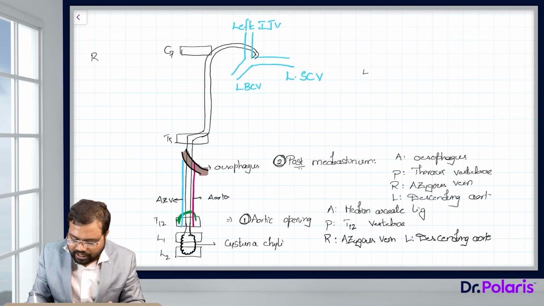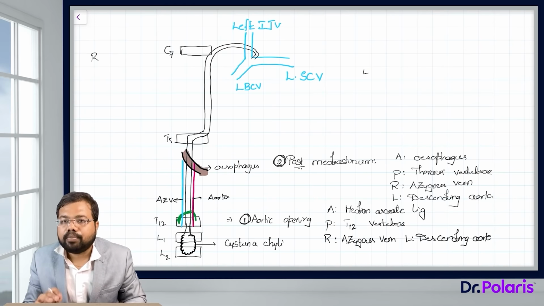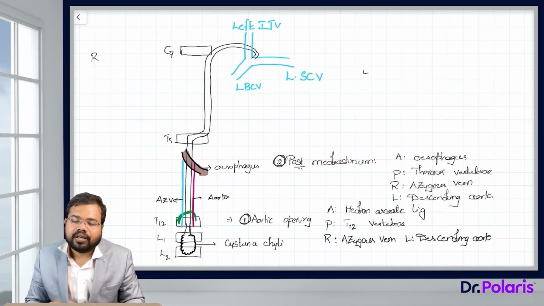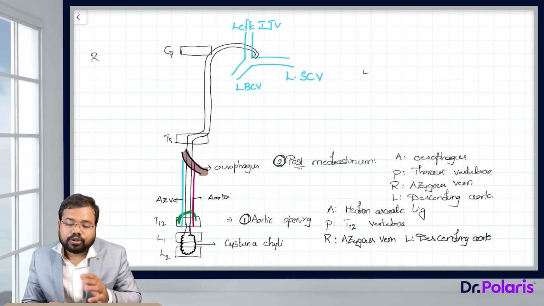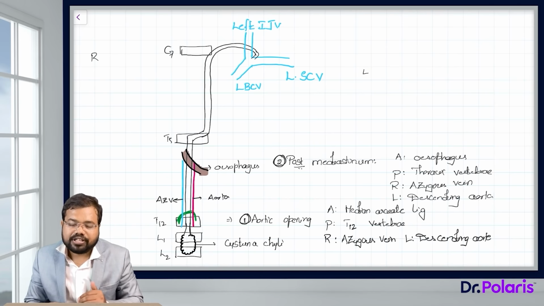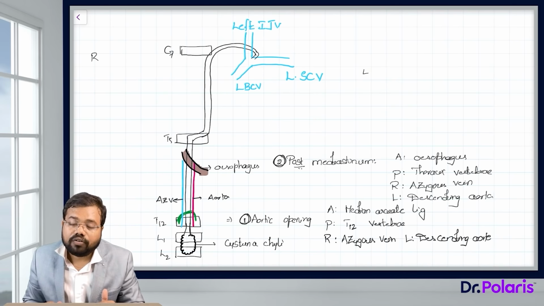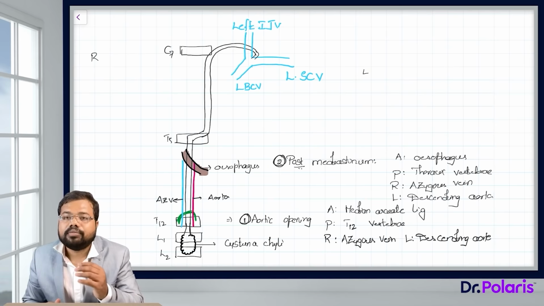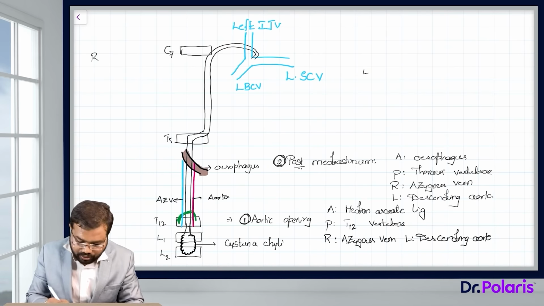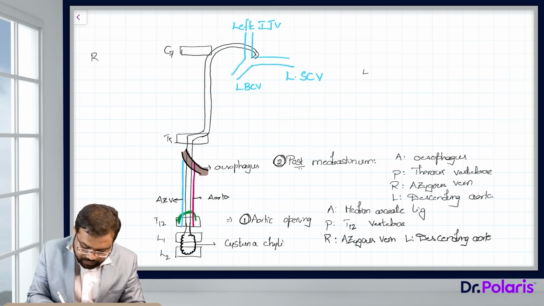So these are the boundaries at the second level, the posterior mediastinum. And the posterior mediastinum is a part of the inferior mediastinum. Now it crosses the sternal angle at the level of the lower border of T4 to enter the superior mediastinum, right? So the third level is this one, at the level of the superior mediastinum.